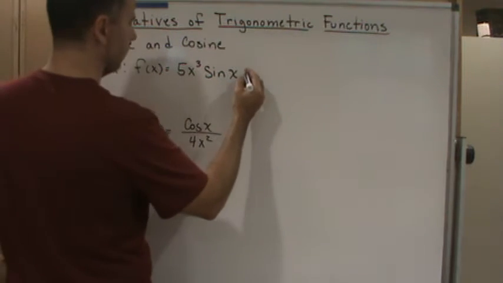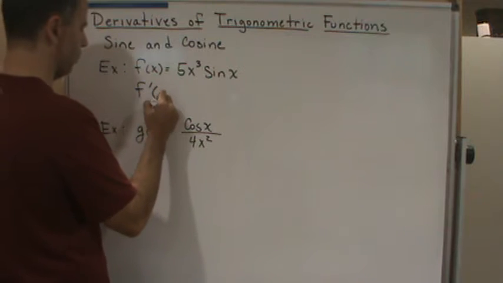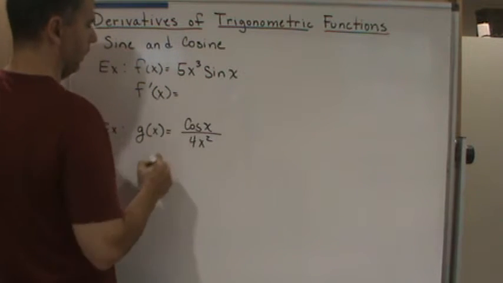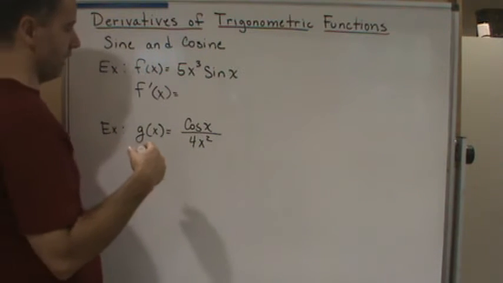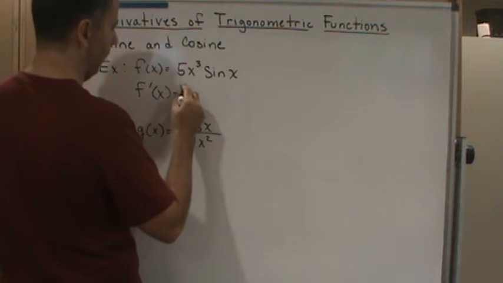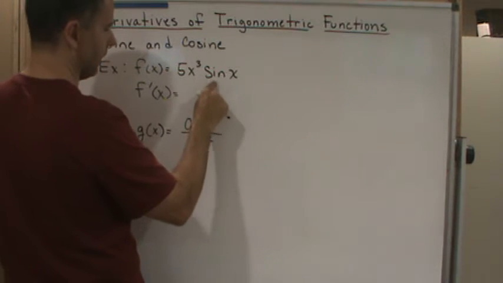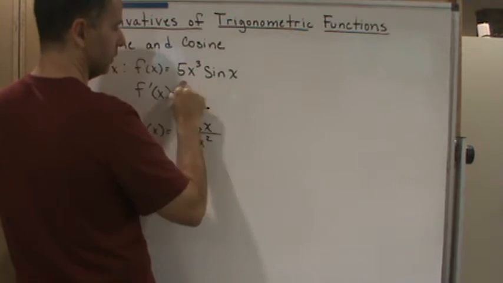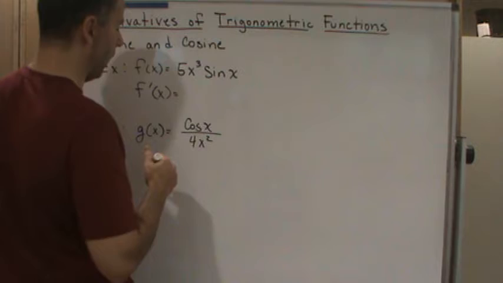So let's find the derivative by using the product rule. And so it's going to be the first times the derivative of the second. Okay? And again, it really doesn't matter which one you do. If you do the derivative of the first times the second, it's a plus, so it's going to be the same because of the commutative property.